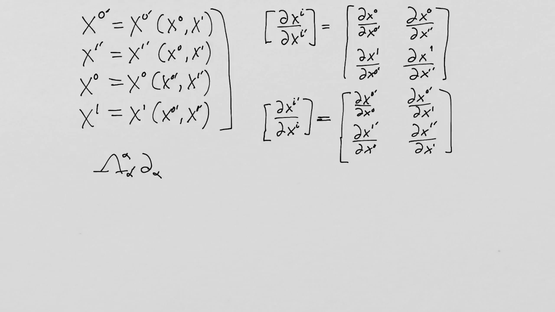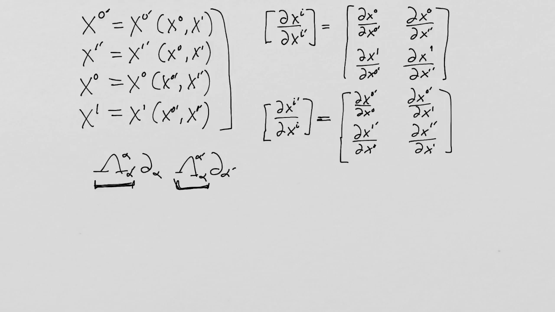So if I'm going from the unprimed system to the prime system, this is how I will define my covariant matrix. If I'm going from the prime system to the unprimed system, I define it this way. I have to be left over with the index that's correct. So it's going to be either this one or this one that will be my covariant matrix.